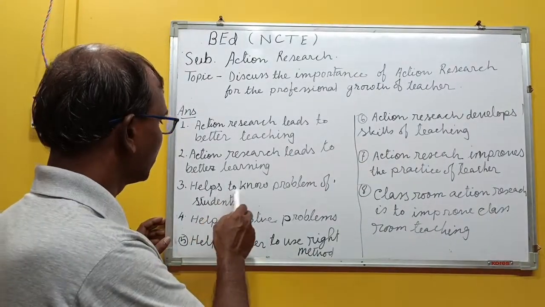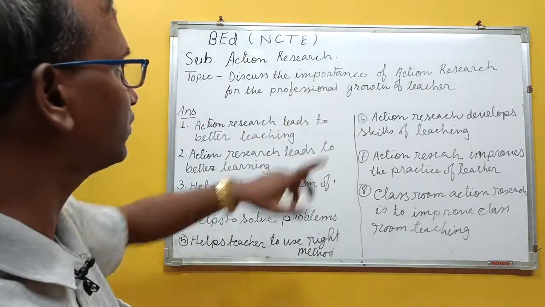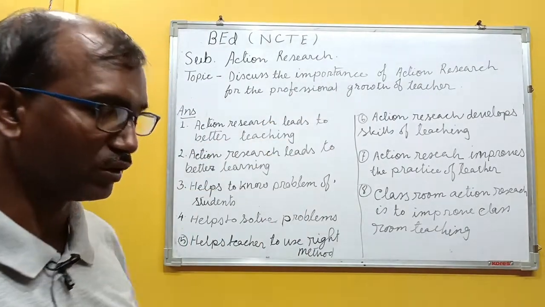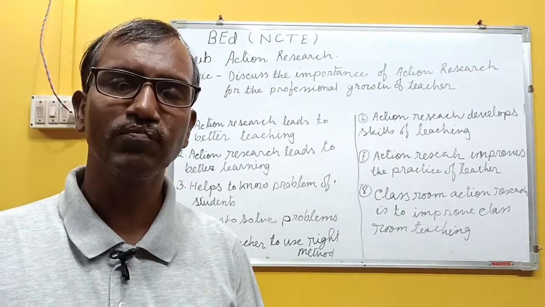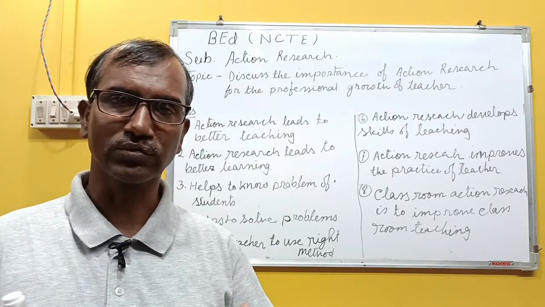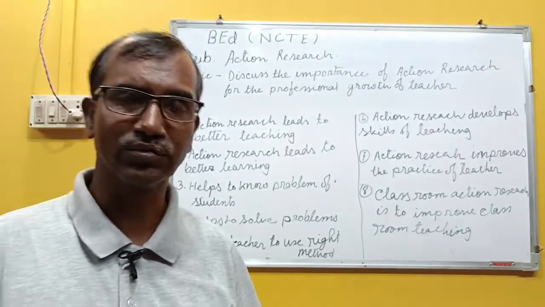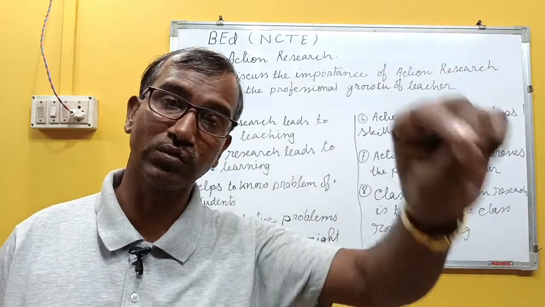Number 3, helps to know problems of students. That means action research helps to know problems of students. There may be a number of problems of students in the classroom. Some of the students may not do the homework regularly, so a topic of action research may be only on that.